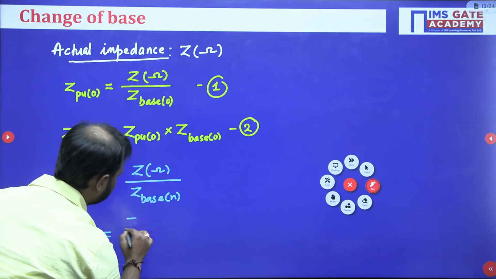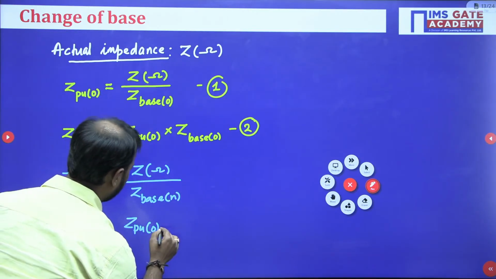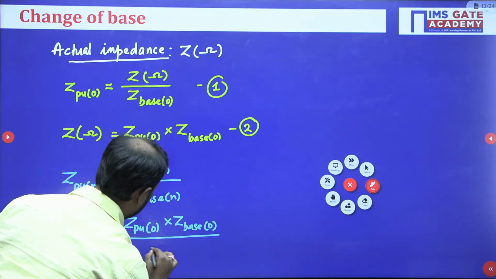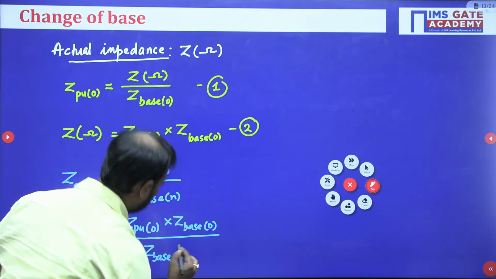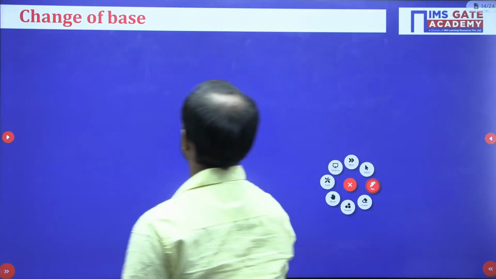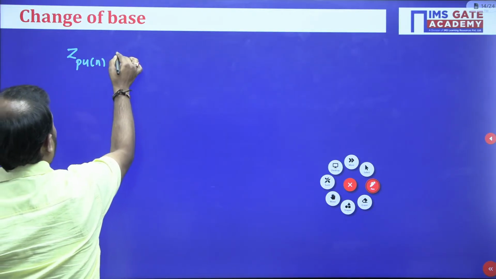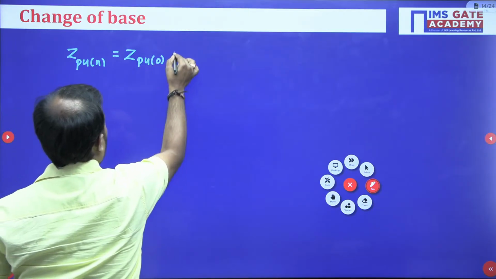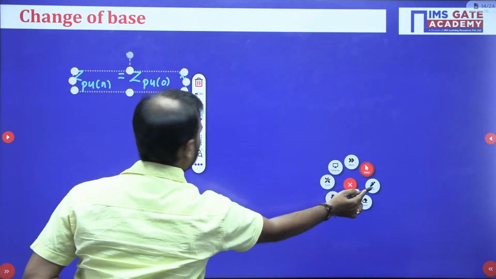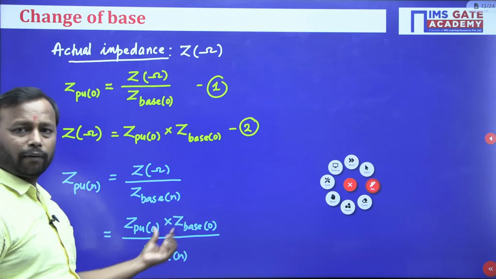So this Z ohm is nothing but, from equation 2, Z per unit old into Z base old. So look here, Z per unit new, in the new base, will be Z per unit old into Z base old divided by Z base new.